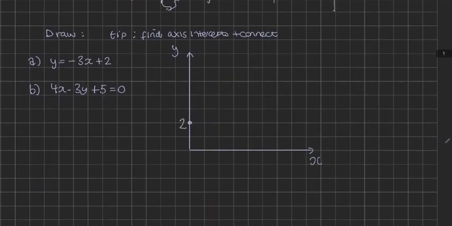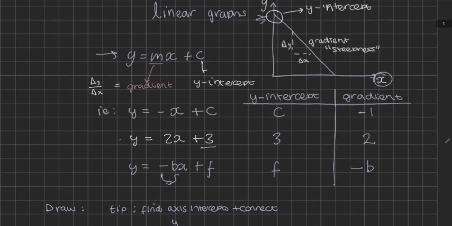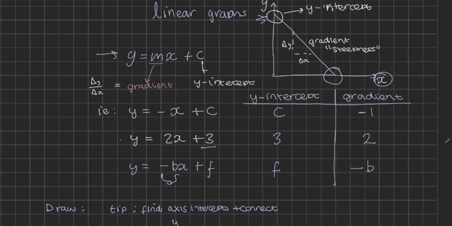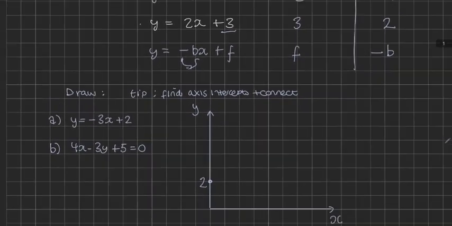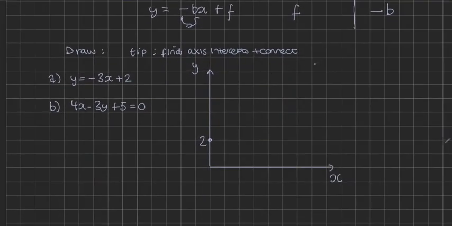But we need to find the x-intercept, and this is the x-intercept on this graph here. We notice that the x-intercept occurs when y is equal to 0. So what happens when y equals 0? Minus 3x add 2 is equal to 0.